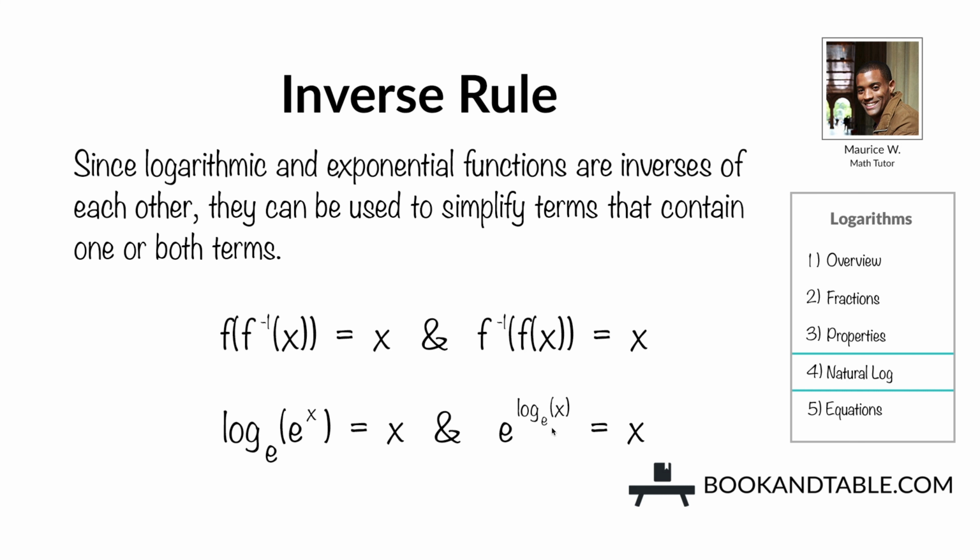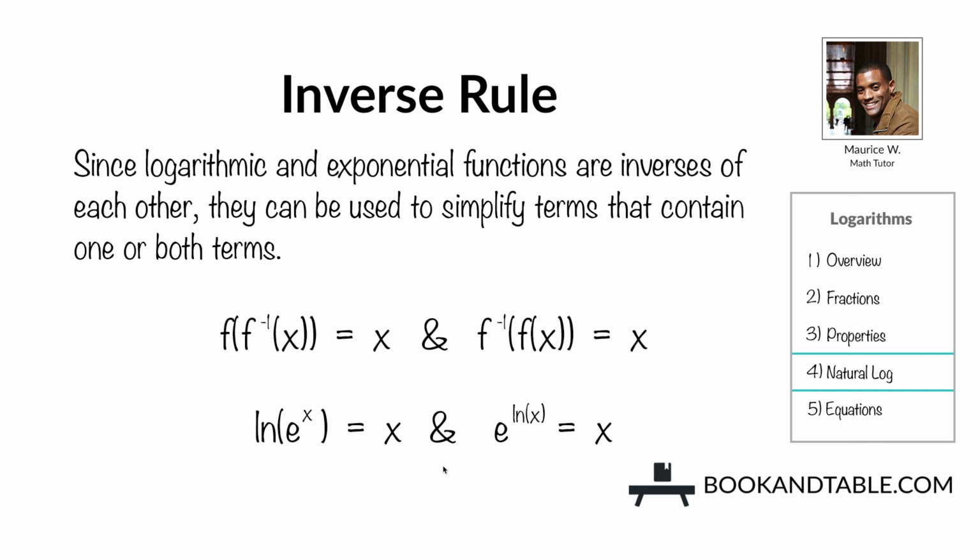And a log of base e is the natural log. So the natural log of e to the power of x is equal to the exponent x here. And also e raised to a natural log of x would just be equal to x, the argument in the exponent.